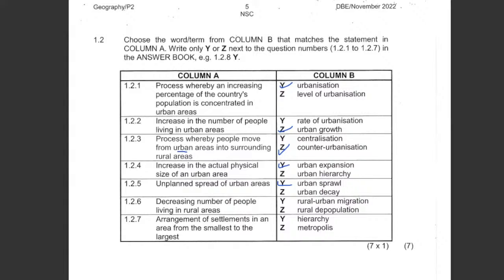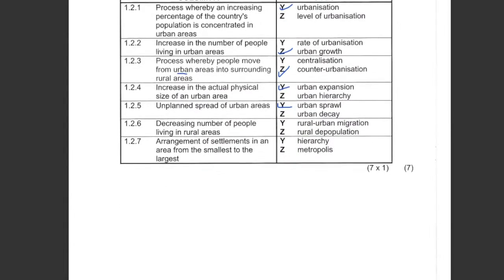Okay. Decrease in the number of people living in rural area. Is it rural urban migration or rural depopulation? Let's check out. Automatically, it's depopulation. Okay.